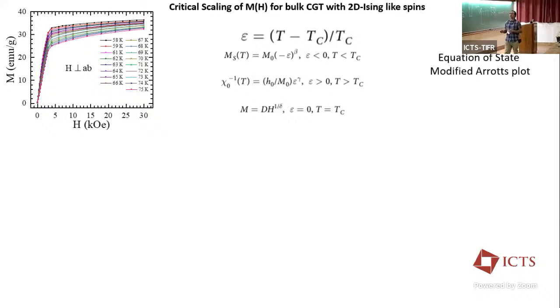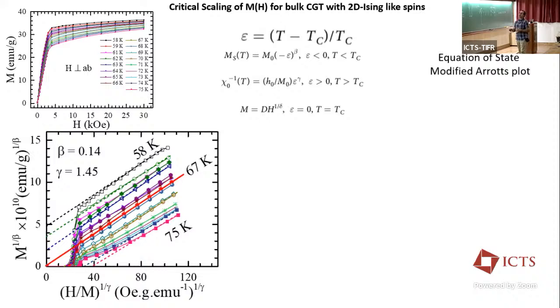And then this MH, you can plot it in a particular way, where M raised to 1 by beta and H by M, the inverse susceptibility, raised to 1 by gamma. The same thing, you can plot it. This has been measured at temperatures above the transition temperature and temperatures below the transition temperature. And this same data is plotted in this way.